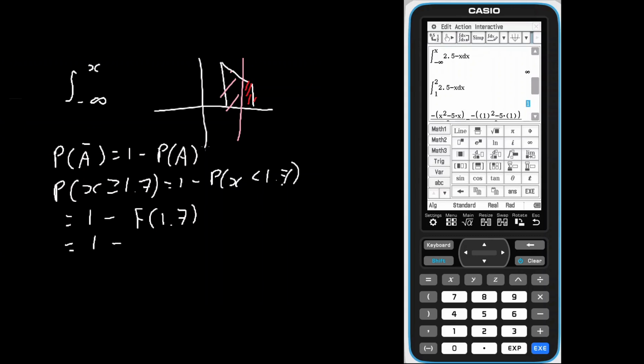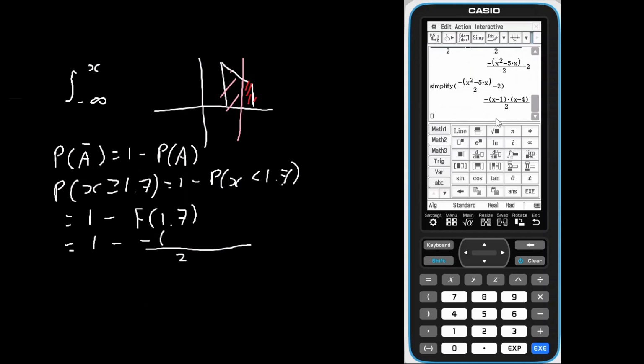Okay, and from the previous part of the equation there, we get it out on the calculator. It's 1.7 minus 1, 1.7 minus 4, and then we can use our calc. You probably don't have to write the second line in, you can just say use calc.